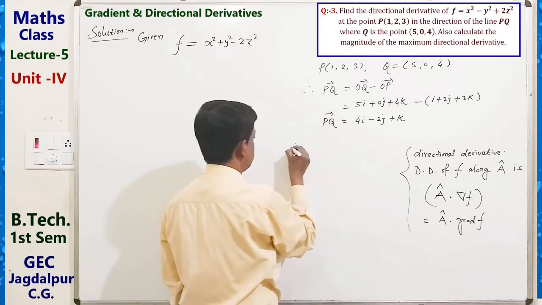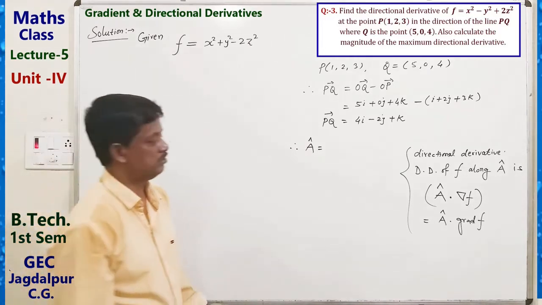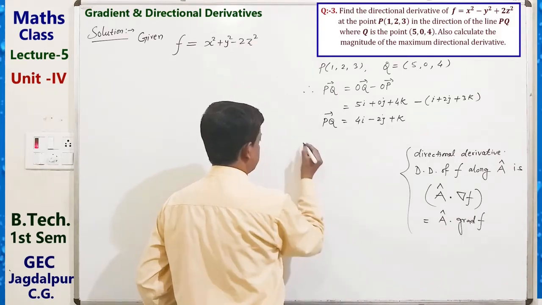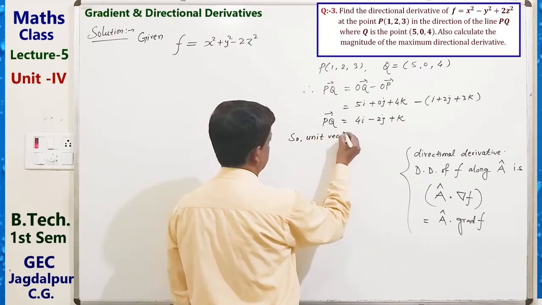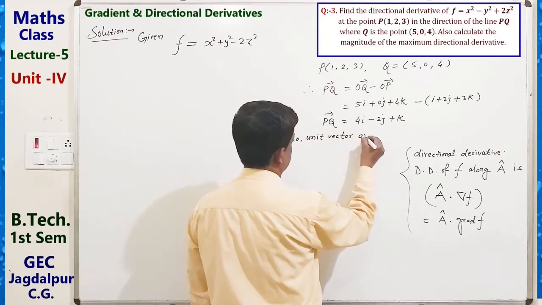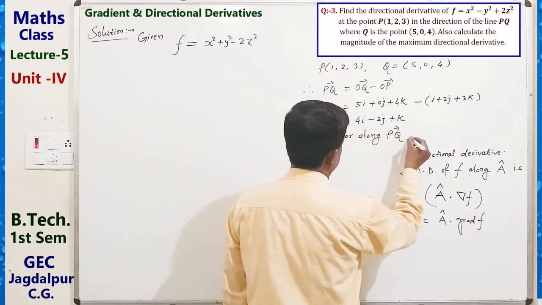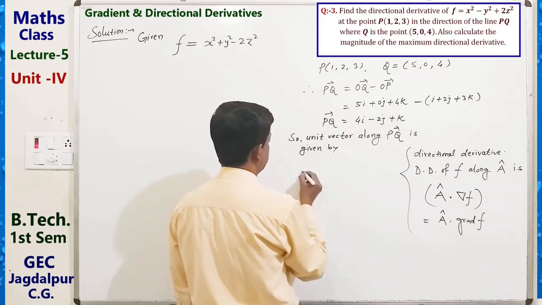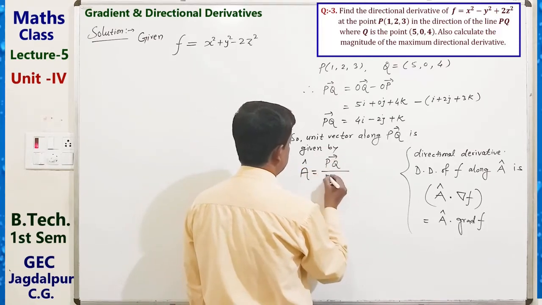Therefore, the unit vector along PQ is given by a cap equals PQ upon mod of PQ.